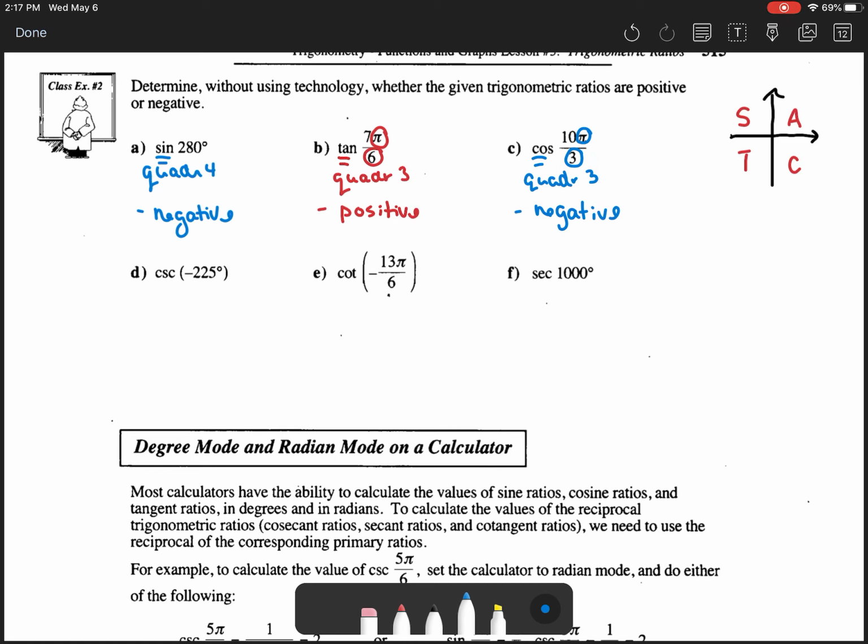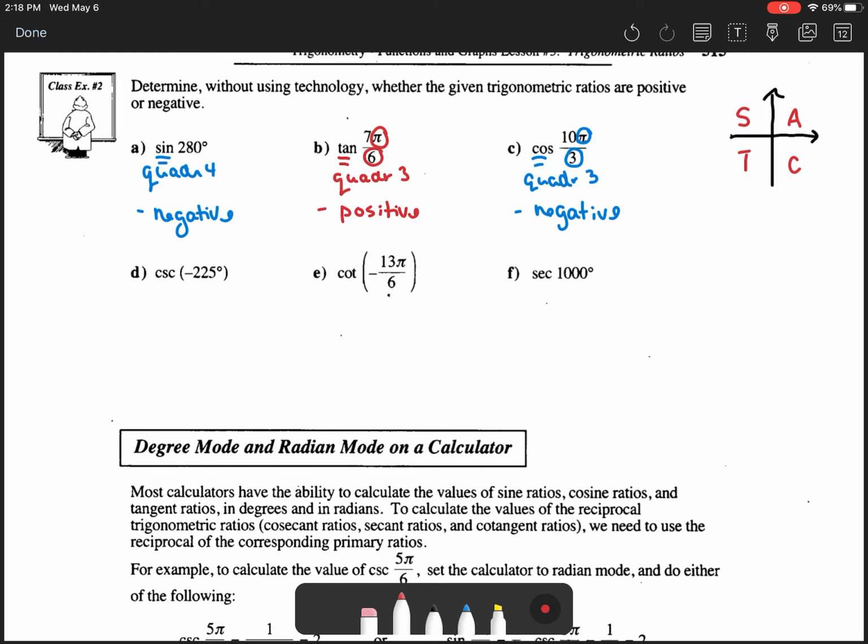All right. Now, in the next 3, you can see that we are dealing with the reciprocal ratios. But remember that for D, for example, we're dealing with cosecant. So cosecant is the same as dealing with sine. So I just worry about if sine is going to be positive or negative in whichever quadrant I'm going into. Now, the other tricky thing here in D is that the rotation is negative. So you're going in the clockwise direction.